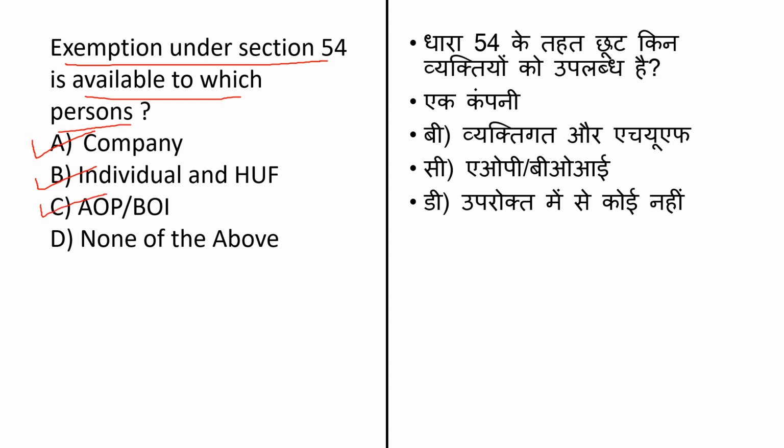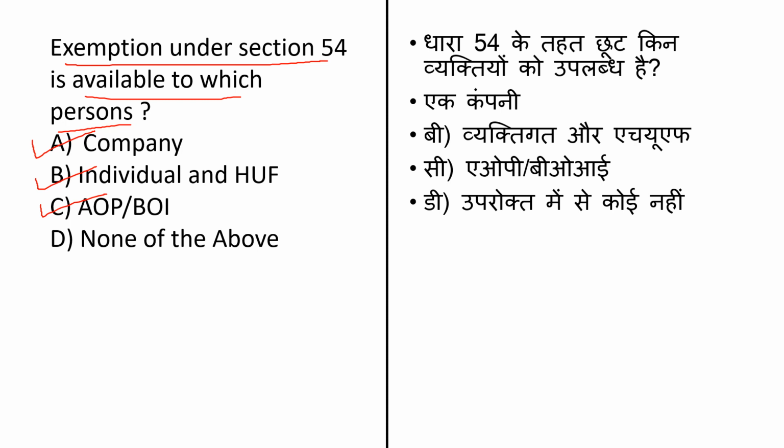The Income Tax Act 1961 defines the AOP. AOP means the Association of Persons. This is the full form of the AOP, and BOI means the Body of Individuals. Okay. Association of persons is an association of persons for a mutual benefit or a common purpose.